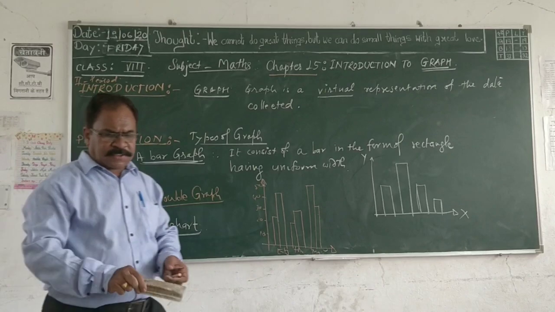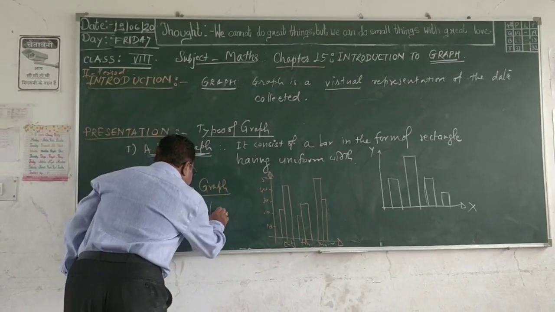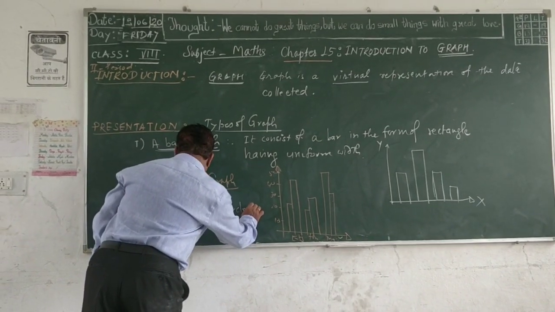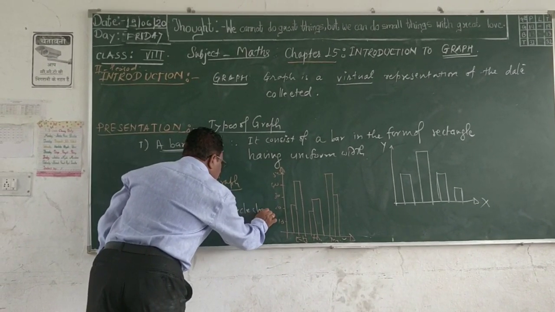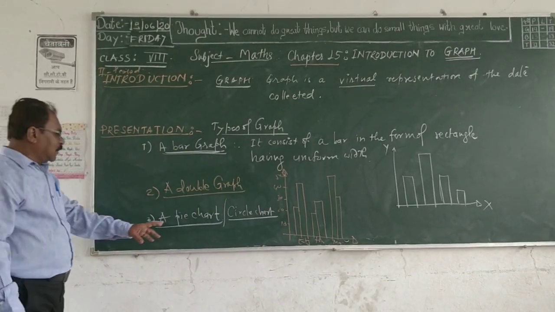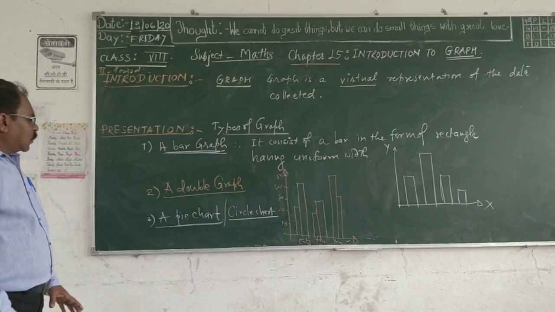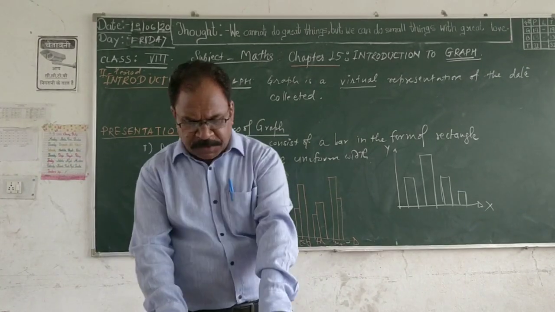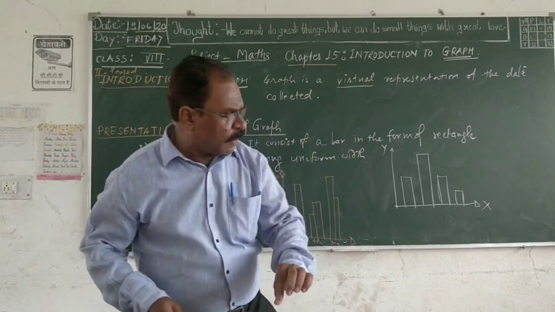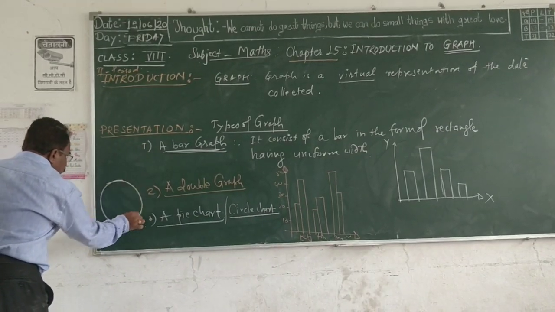So what is this pie chart? By name you can find it is a pie chart or a circle chart. The name itself says that it is a circle. We know the complete measure of a circle is 360 degrees. So if we represent the data in the form of a circle, it gives a pie graph. Pie graph is always in the form of a circle.